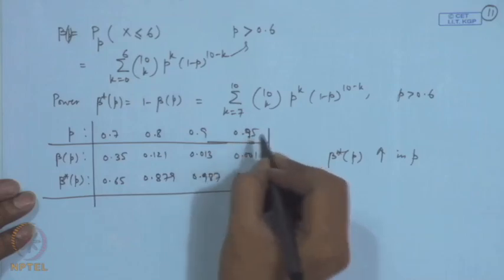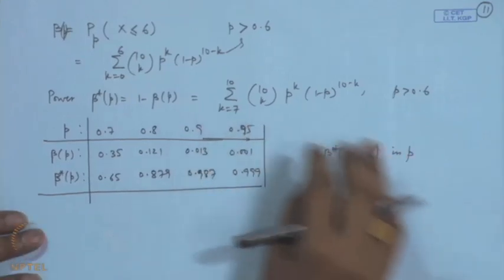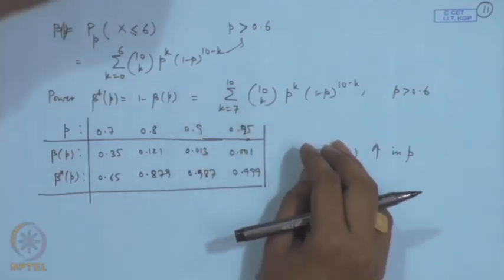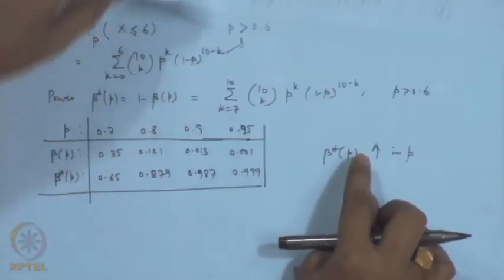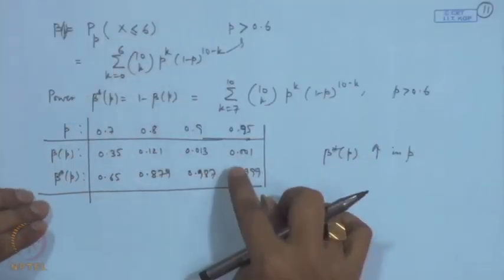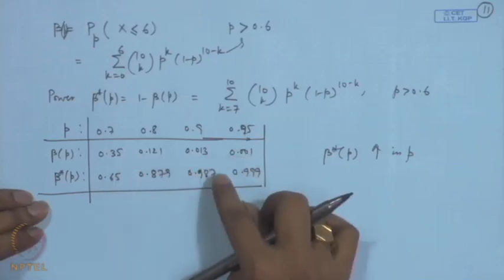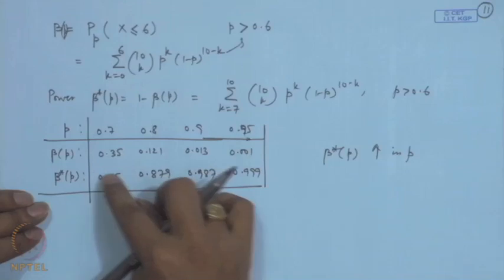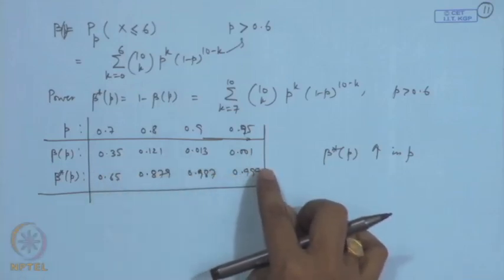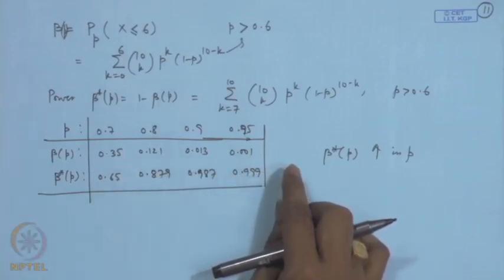So, of course, you have the size of the test very high, but even for this size the test is proceeding in the right direction, that is the probability of type 2 error is gradually decreasing and the power function is gradually increasing here.